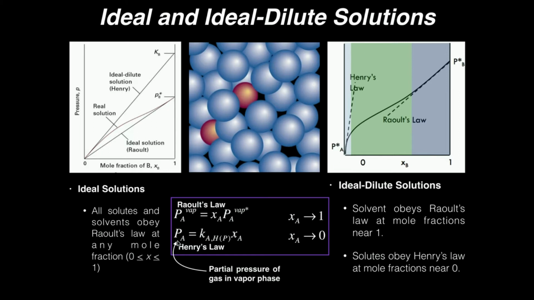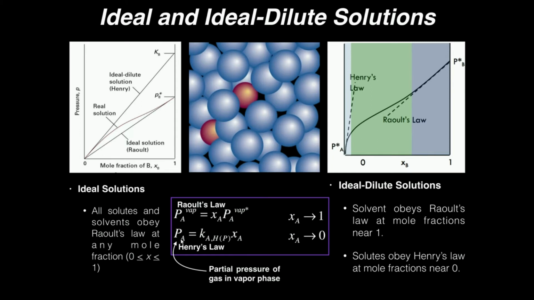Let's suppose we have a situation where there's 5% ethanol and 95% water. Well, clearly in that case, ethanol is our solute. It has some mole fraction. And remember that any component of that solution exerts a vapor pressure.